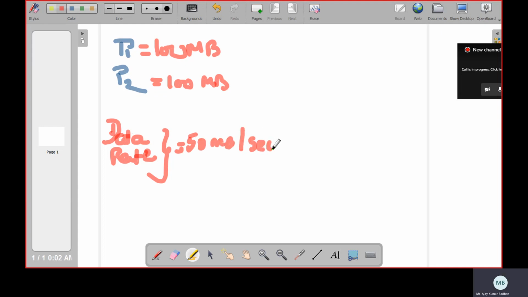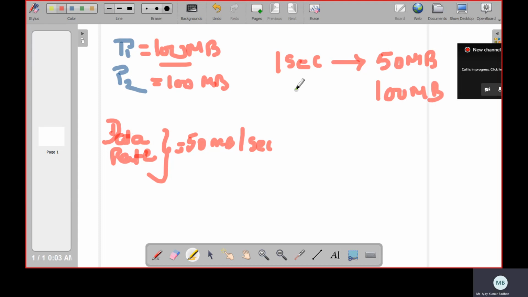Let's calculate how much time it takes for process P1 to swap out. For 1 second, the backing store can either swap in or swap out 50 MB of data. Now we want to know how much time it takes for 100 MB. It's very easy, just a cross multiplication.